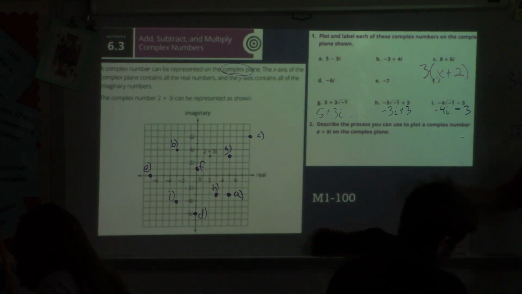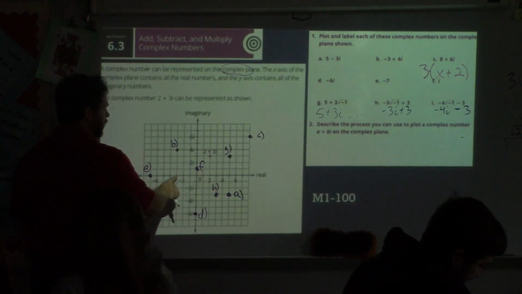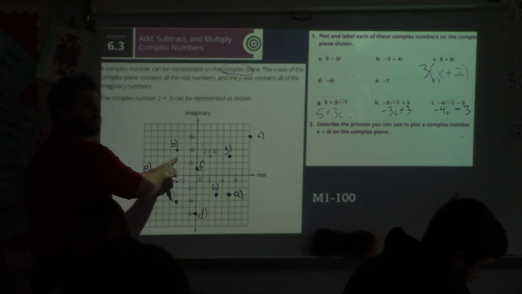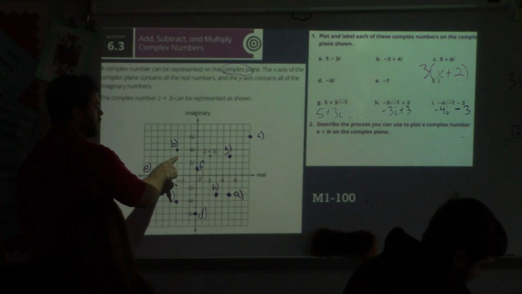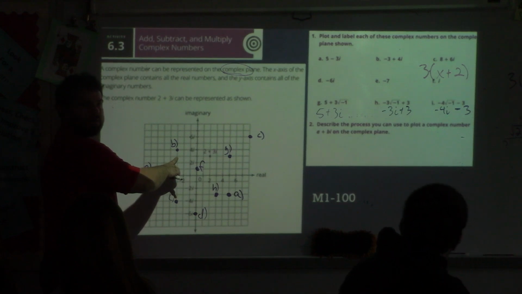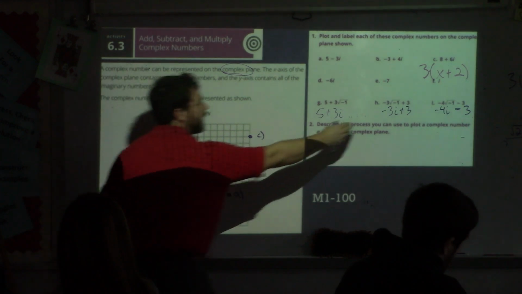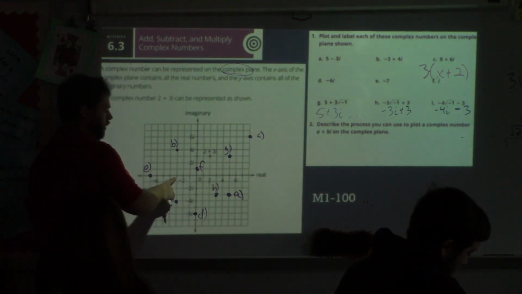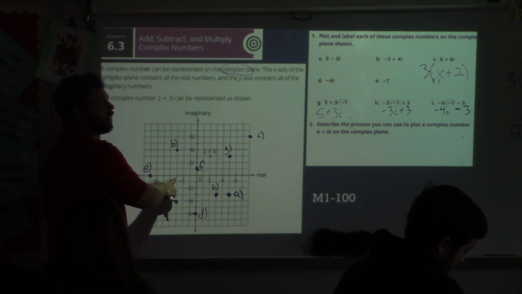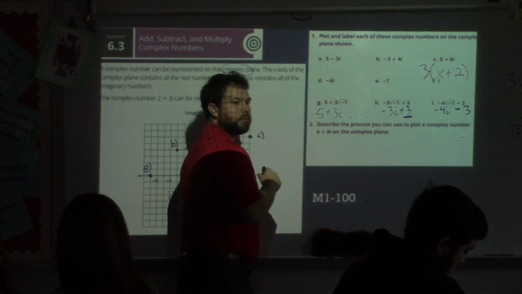Okay, let me ask you this then. I want us to look at H. Why did I not go to the left 3 and up 3? Notice that's not where I have H. Why did I not go to the left 3 then up 3? Oh, the x-axis is only the real.